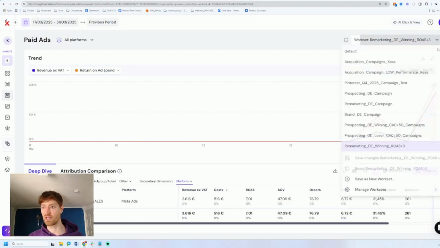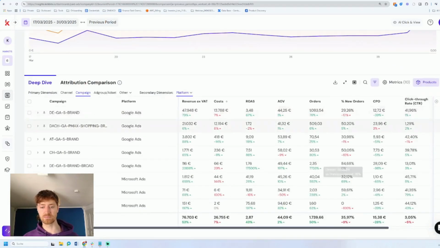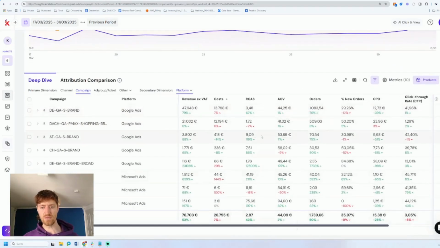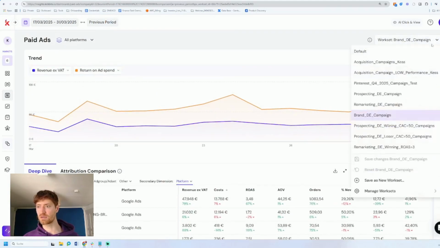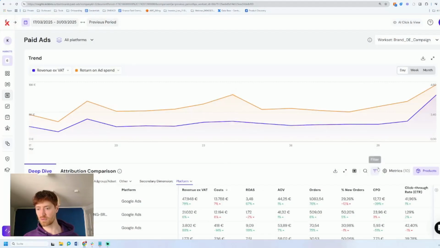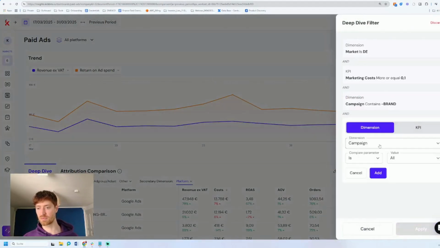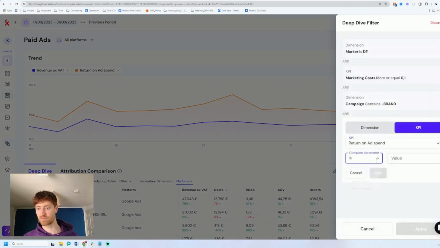Now we do the same for brand. More or equal to.